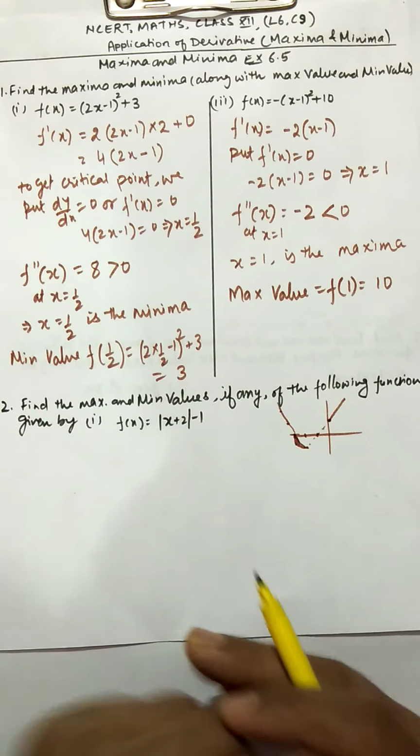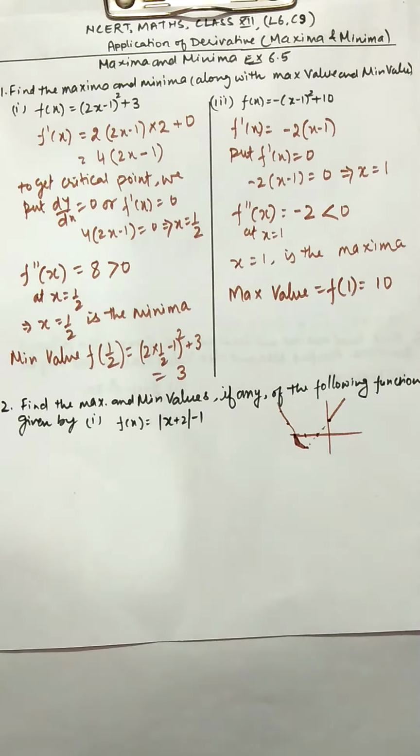This question we cannot solve using the second order derivative test, because this modulus function is there. Now we have some observation points through which we can find the maximum value and minimum value, or we can do it with the help of the graph.